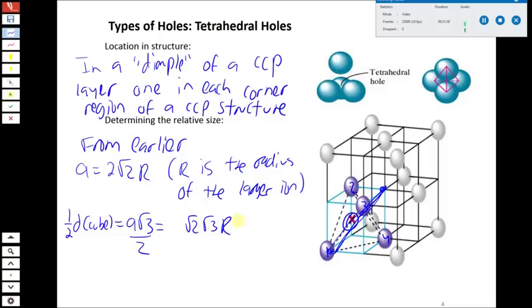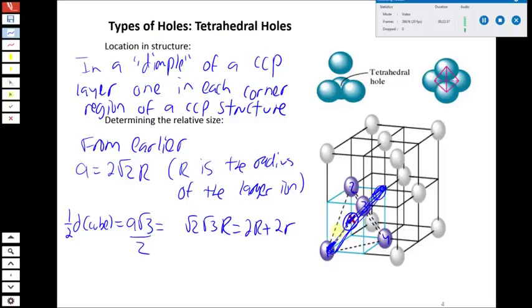And then as we traverse across the diagonal, we go through the radius of the large ion, we go through the diameter of the small one that's in the center of that tetrahedral hole, and then we go through the opposite corner, which is equivalent to the radius again of the large ion.